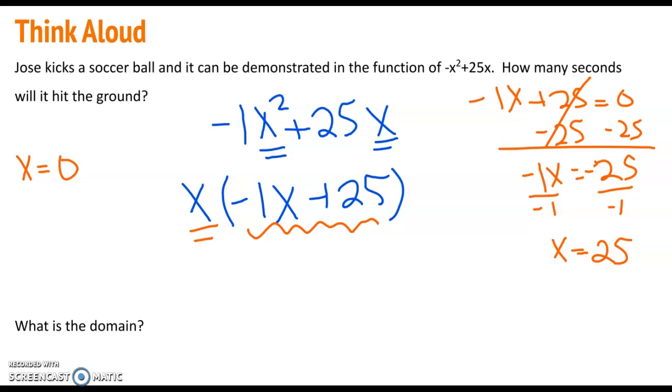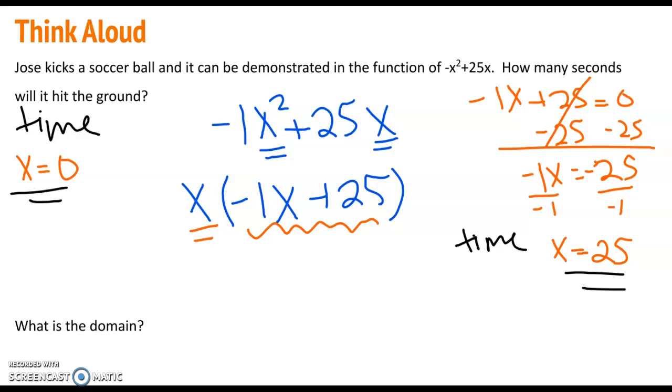I'm not done just yet. It tells me when will it hit the ground. My x represents time. And I need to think about which is going to be reasonable. I know my time is 0 and my time is 25 seconds.